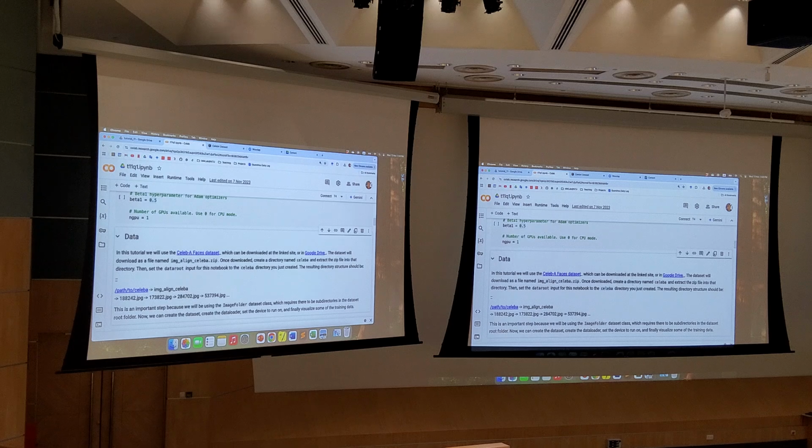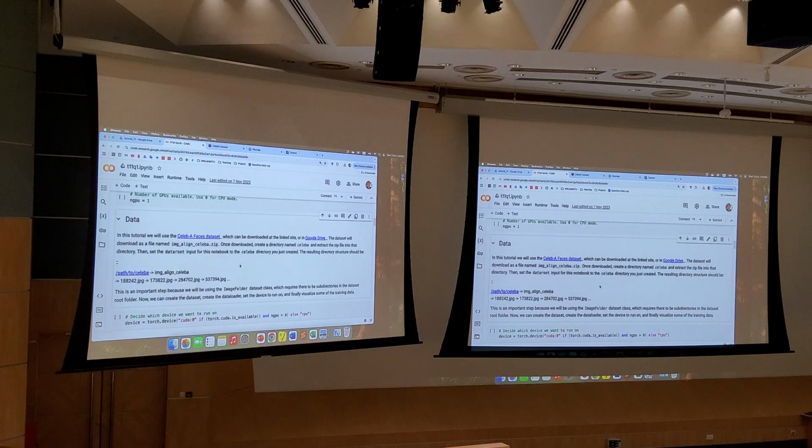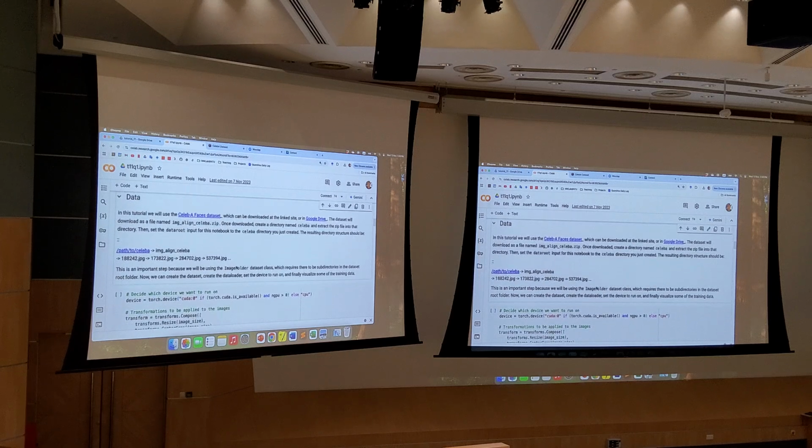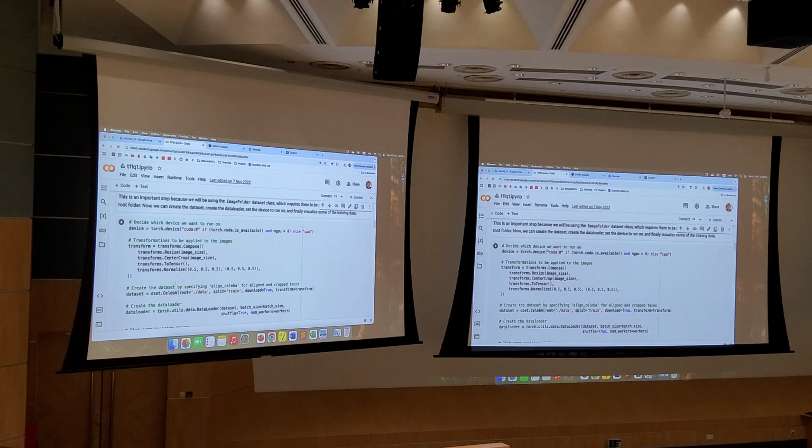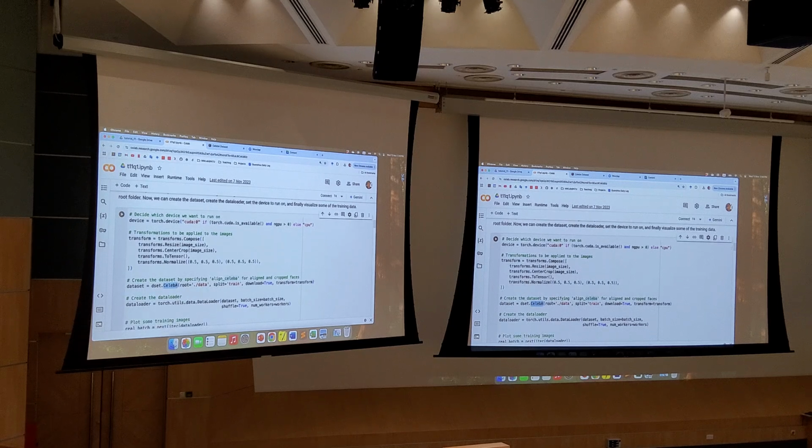You can download it from the dataset site, or you can just get it from Torch Vision. So this is what we're doing here. We call Torch Vision, load the CelebA data and store it in our root folder. And we are doing some transformation to the data.